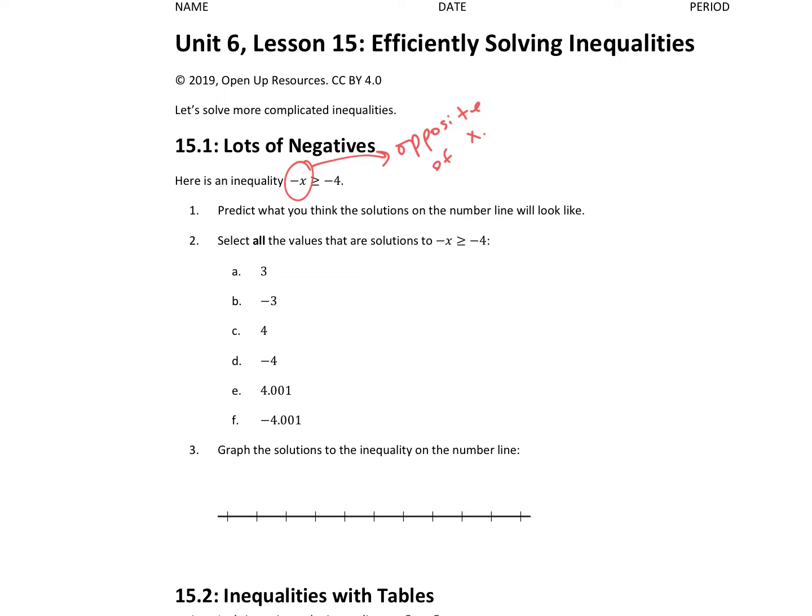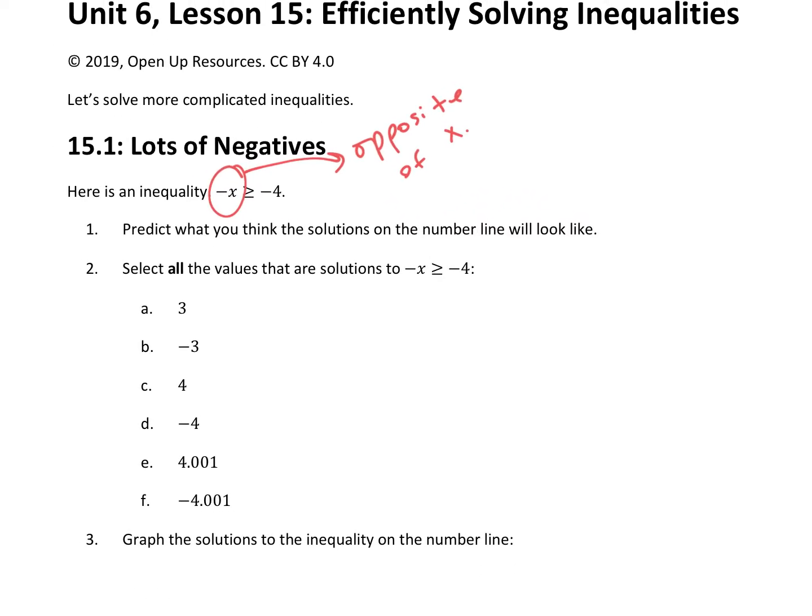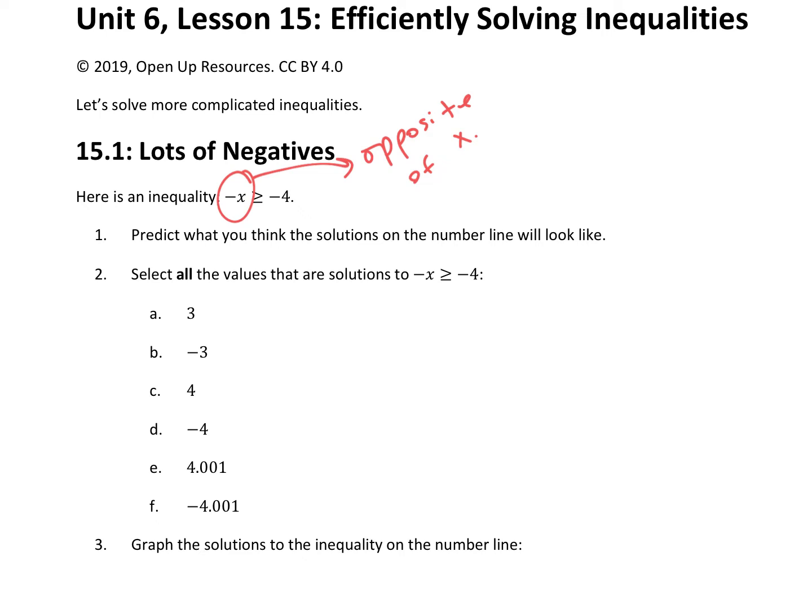All right, let's take a look at question 1. Number 1 says, predict what you think the solutions on the number line will look like. If we want numbers that, when you take the opposite of them, are greater than negative 4, they have to start out positive to become negative. Right off the bat, I know I'm going to have a positive 4, because the opposite of positive 4 is negative 4.